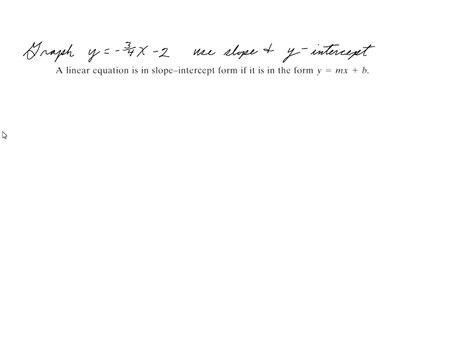So now I need to explain the slope-intercept form, which we have here, y equals mx plus b. To explain that, I need to explain what m and b are in that equation.